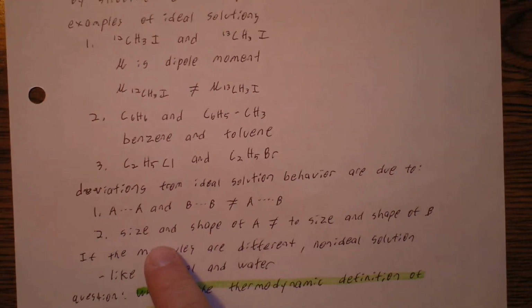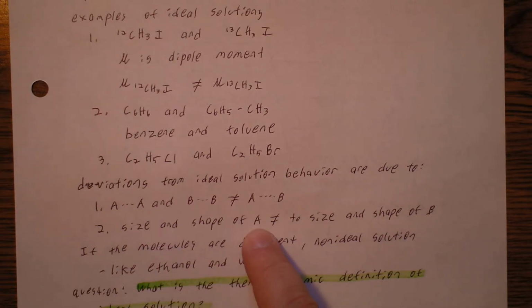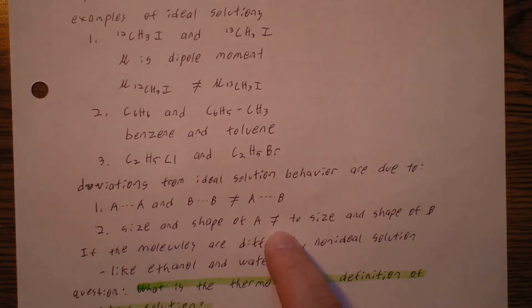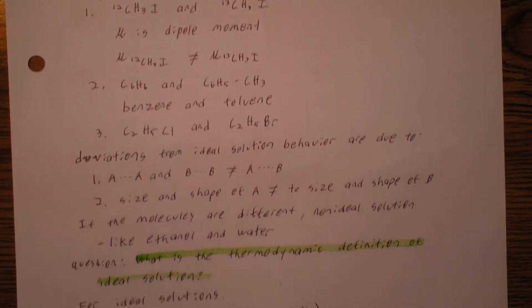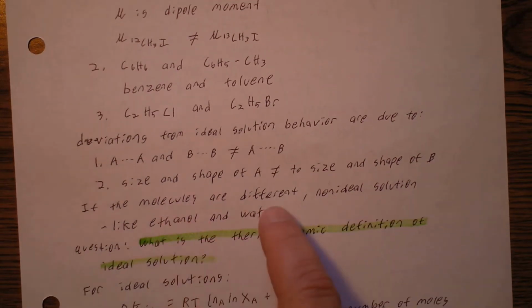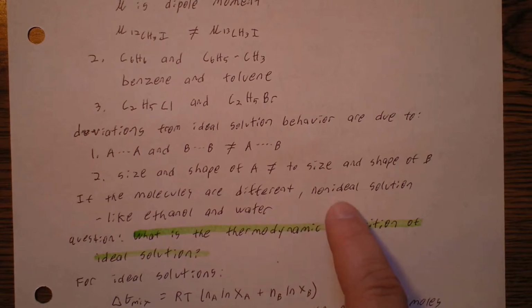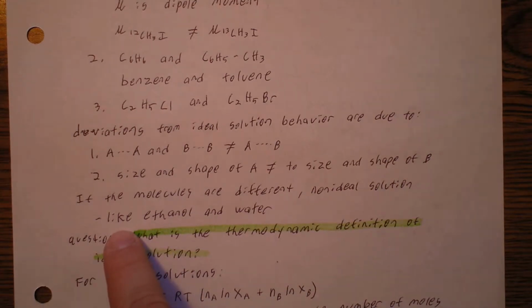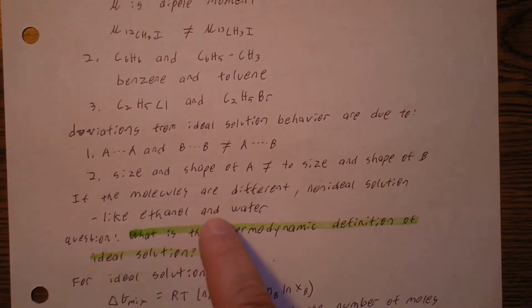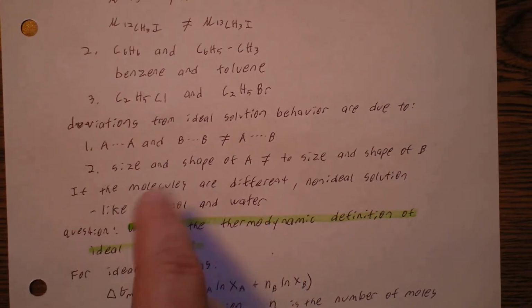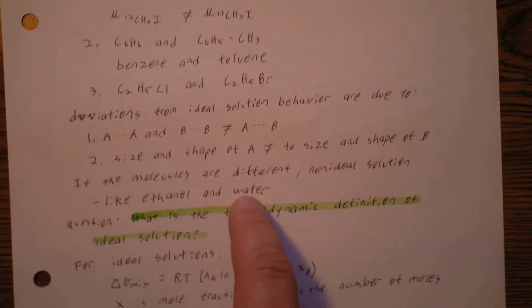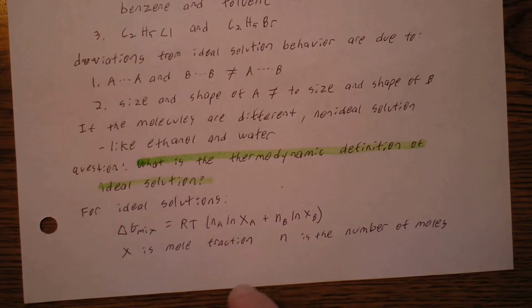And likewise, let's say the size and the shape of substance A is not equal to the size and shape of B. Well, then that wouldn't be an ideal solution either. Now, if the molecules are different, then we have a non-ideal solution. An example I just gave you in a previous section was ethanol and water, since water is a lot more polar than ethanol, and it can hydrogen bond to itself, etc.